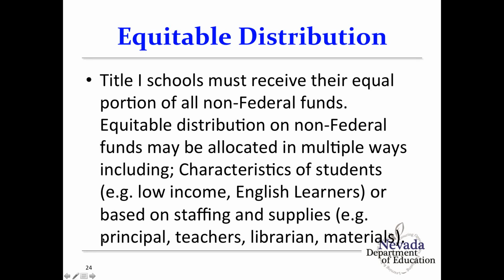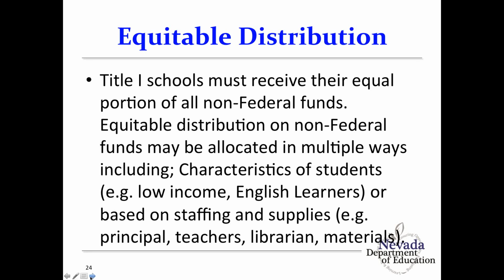Now, the person that figures out your budgets probably knows about this. This is really high level, what I'm telling you right now. But just so you understand that as long as you get your base money, the title funds are on top of it.